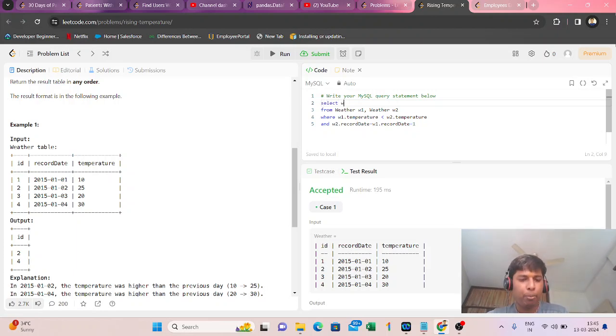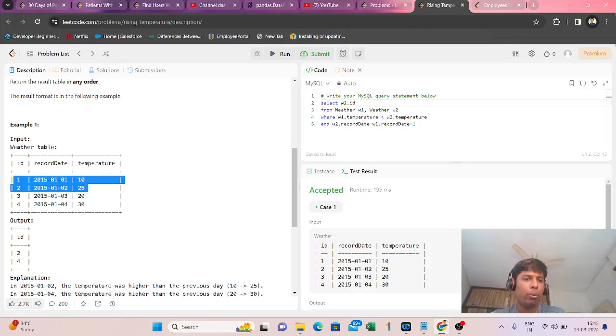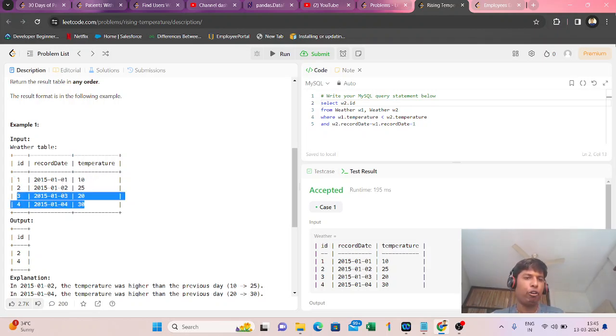You have to select w2.id. Why w2.id? Because when you are checking these two and your w1 has id 1, w2 would be id 2, and you have to return that day where the temperature was greater. So here id 2 is returned, and when these two are compared, id 4 would be returned. That is why we are selecting w2.id.